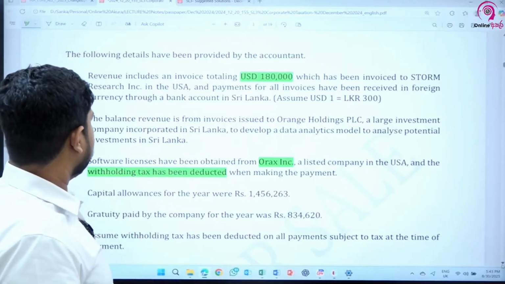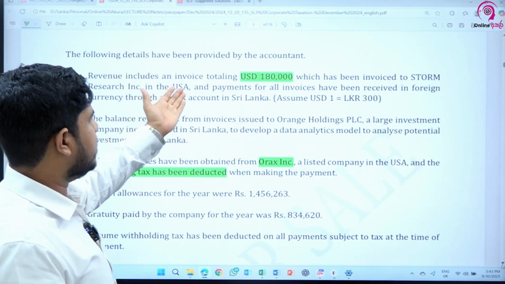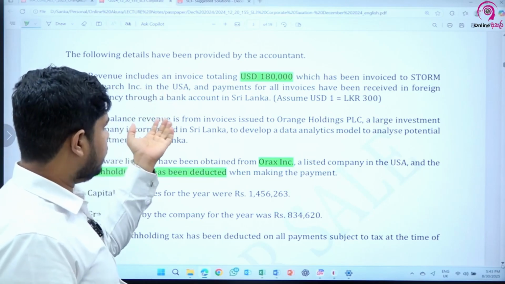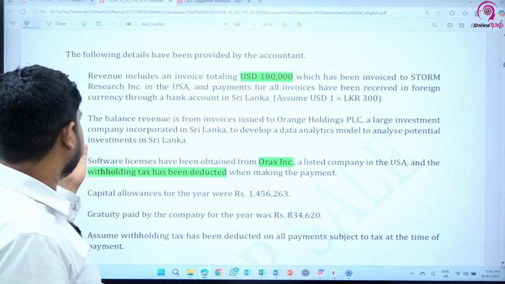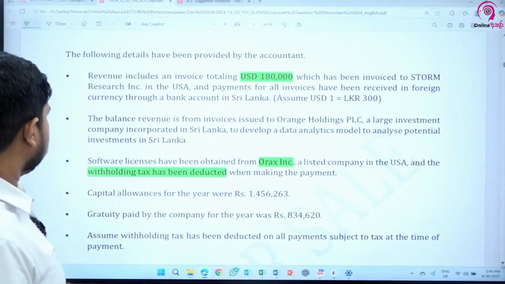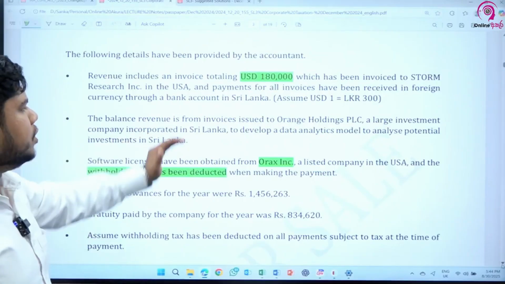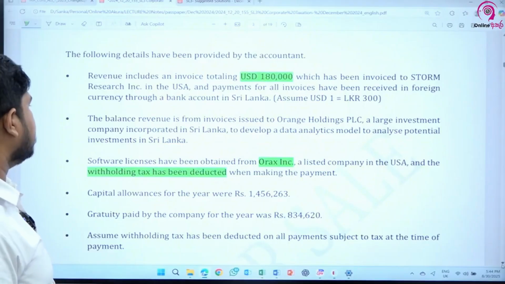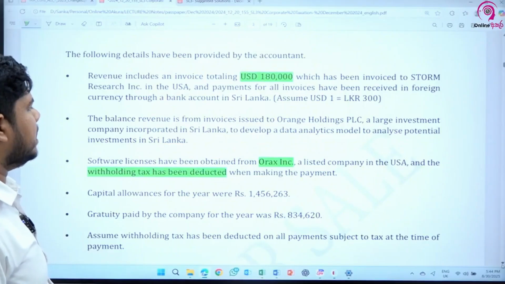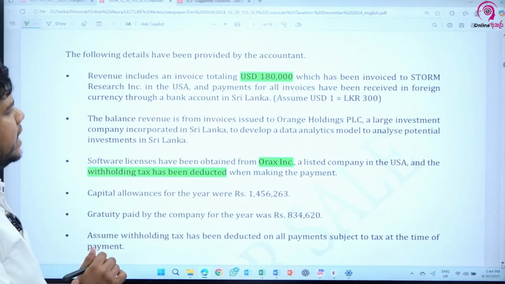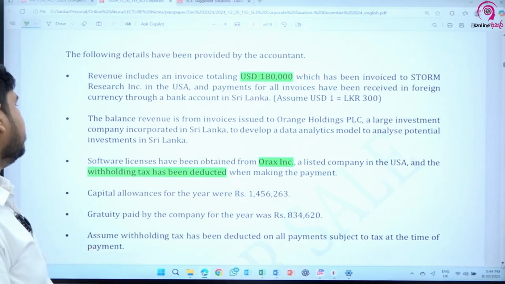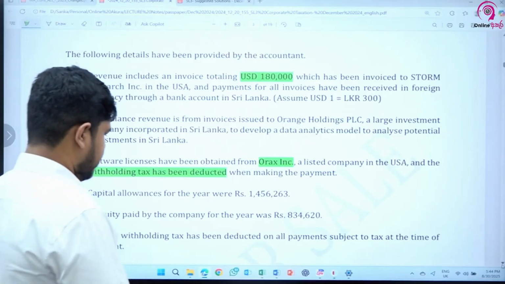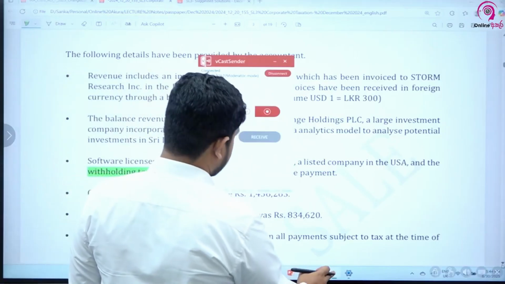Which has been invoiced to Research Inc. in the USA, and payment for all invoices has been received in foreign currency through a bank account in Sri Lanka. The balance revenue is from invoices to Orange Holding PLC, a large investment company incorporated in Sri Lanka, to develop data analytics and models to analyze potential investment in Sri Lanka. So I am going to explain that part.